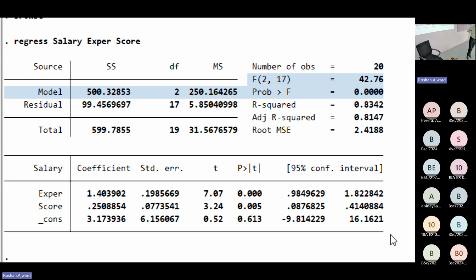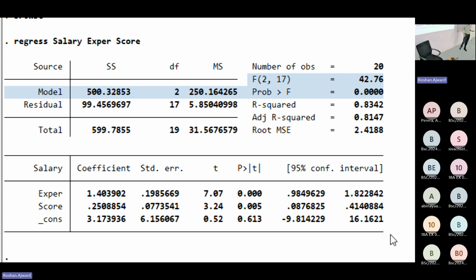In data language, _cons means the intercept. Then you can see these two are what? The independent variables. Experience and the score are the two independent variables we have considered. What's the dependent variable?